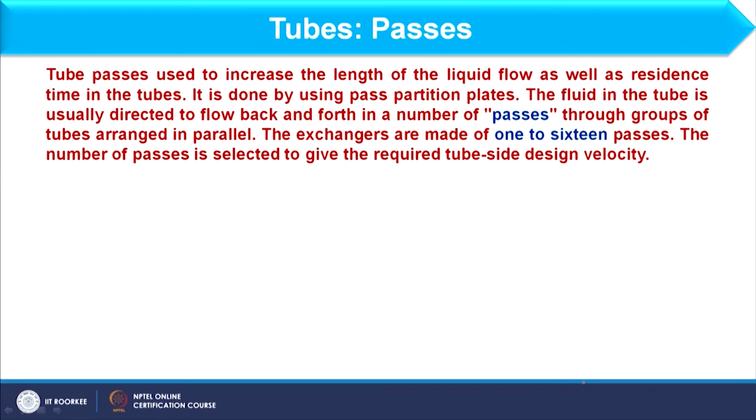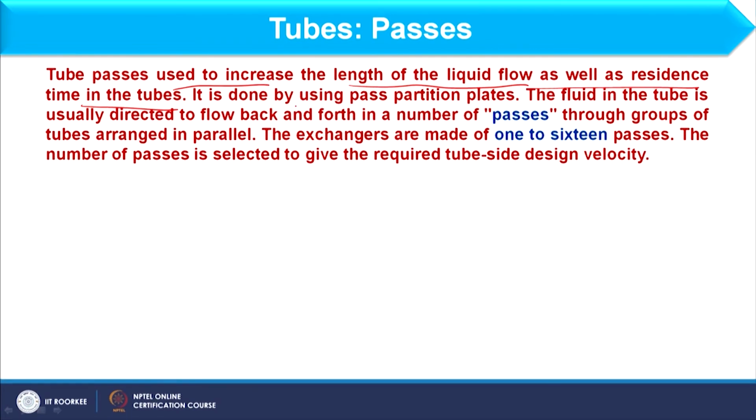Now if I consider tube pass and if I consider 1-2 pass, what is the meaning of that? We are sending the complete mass flow rate of fluid which is allocated to tube side to 50 tubes. Fine. So tube passes are used to increase length of liquid flow as well as residence time in the tubes.